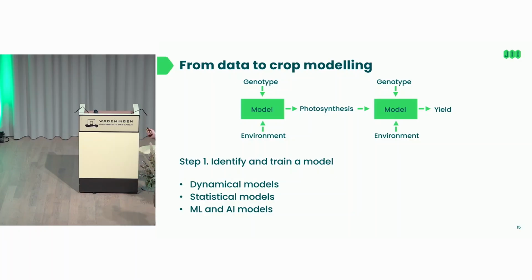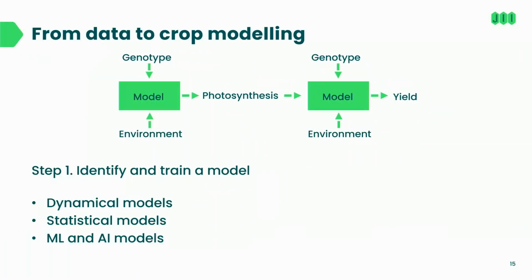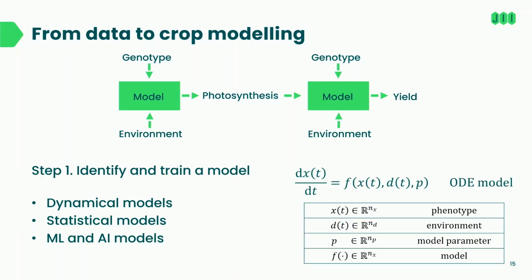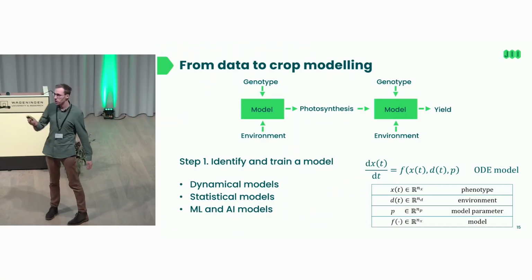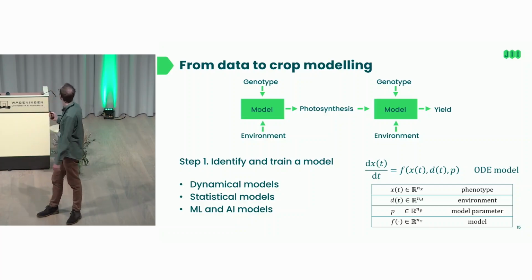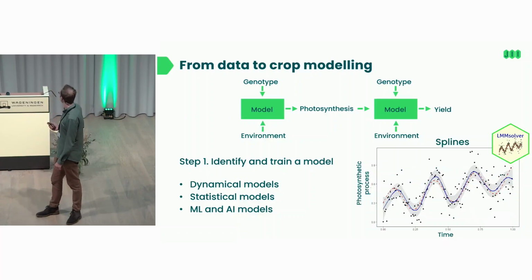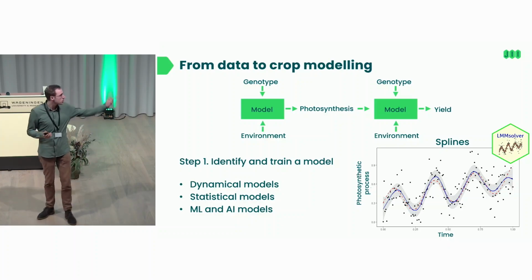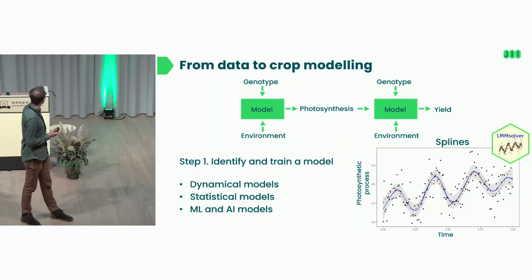This can be dynamical models, statistical models, machine learning models, AI models, or a combination of these in terms of hybrid models. At the moment, we are exploring ODE models together with Sjoerd Boersma up there. And we are seeing whether we can use these to capture this interaction. But we're also exploring statistical models, in this case splines with Martin Boer up there as well.